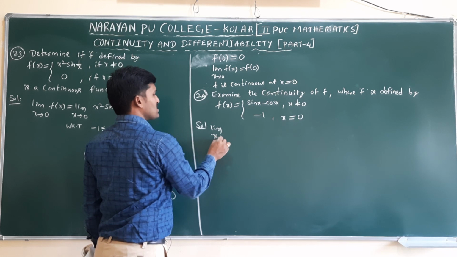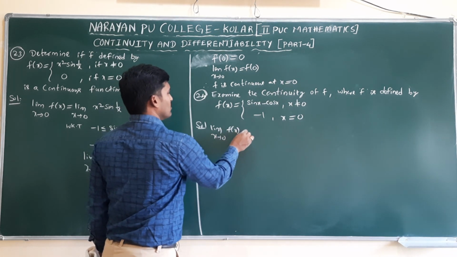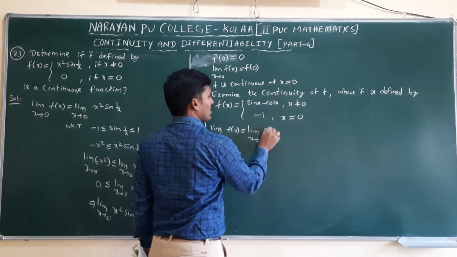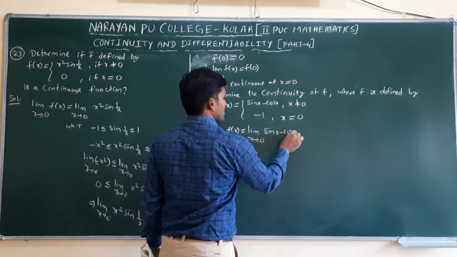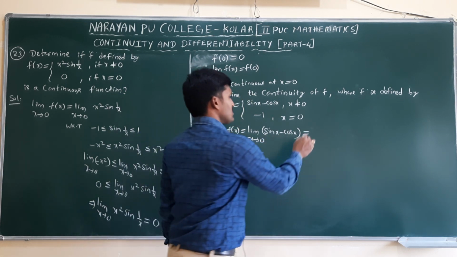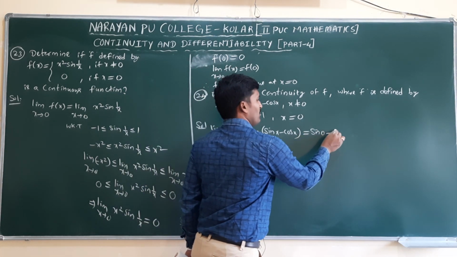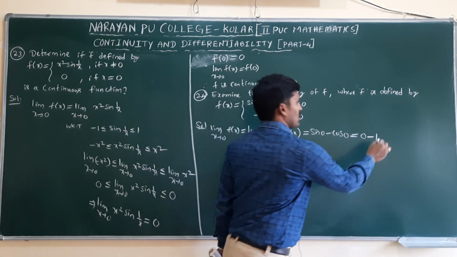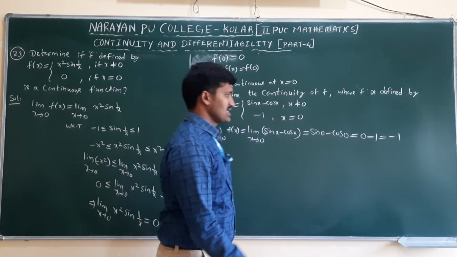Limit x tends to 0 of f of x, what is it? Sin x minus cos x. Here we can directly substitute the x value: sin 0 minus cos 0. Sin 0 is 0, cos 0 is 1, so the limit value is minus 1.